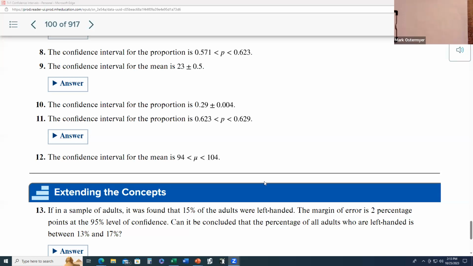All right, so the margin of error is just going to be half of 104 minus 94. So it's going to be half of what, 10? So it's going to be 5. Okay, 5 would be the answer there.